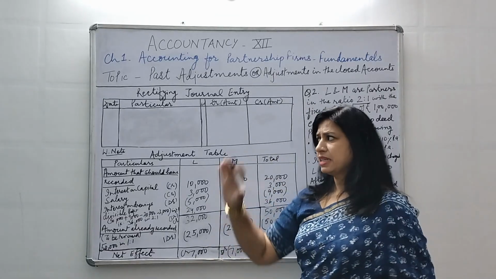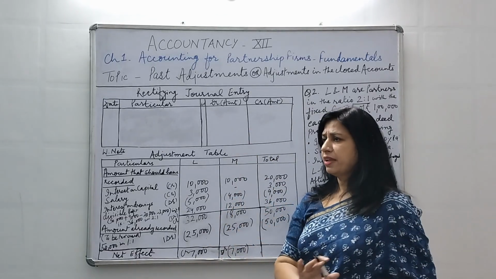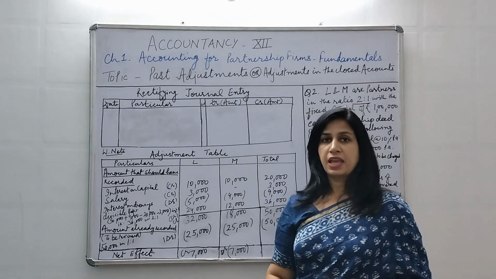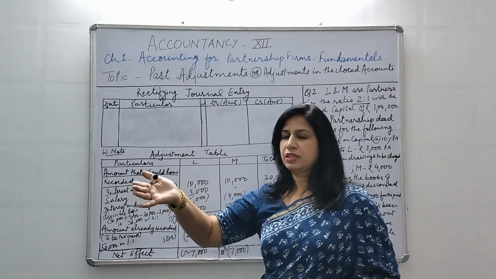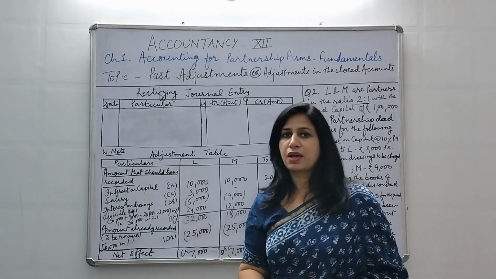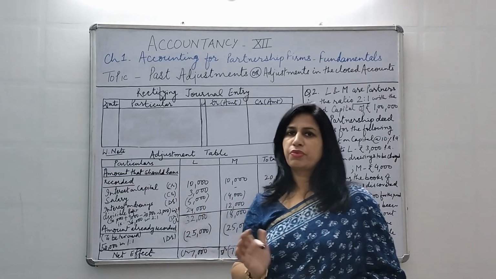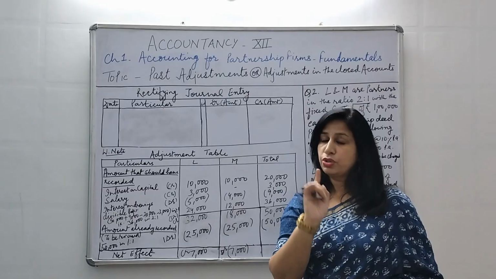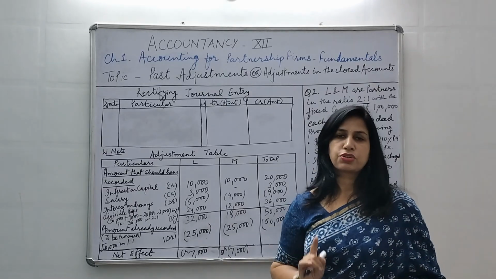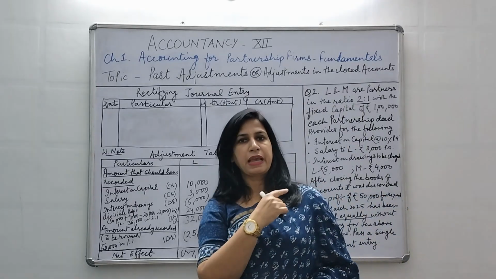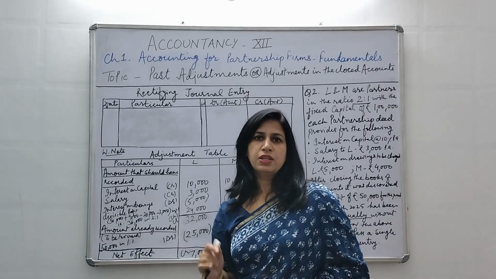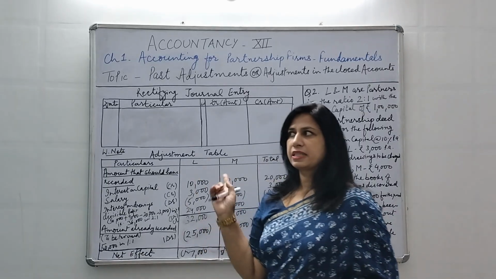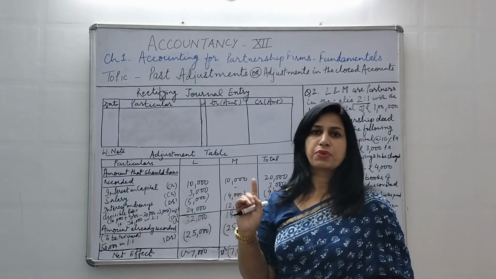Students do the entire question correctly, calculate everything correctly, but by mistake they write here capital account in the adjusting entry instead of current account, and they lose one very important mark. So that, children, you don't have to do this, okay? This mistake should not occur. So if the capital is fixed, please underline it in the very beginning only, so that you remember while passing the entry that you have to use current account here.